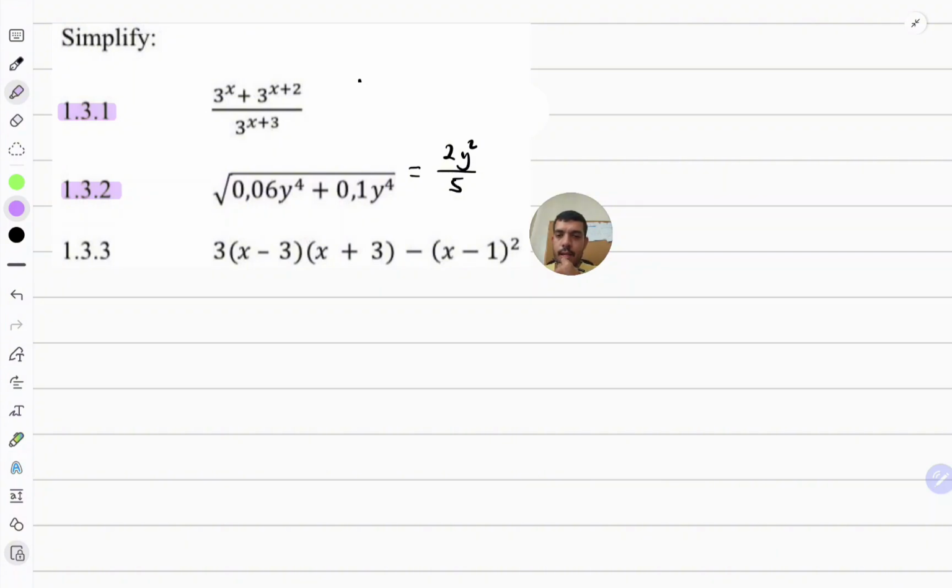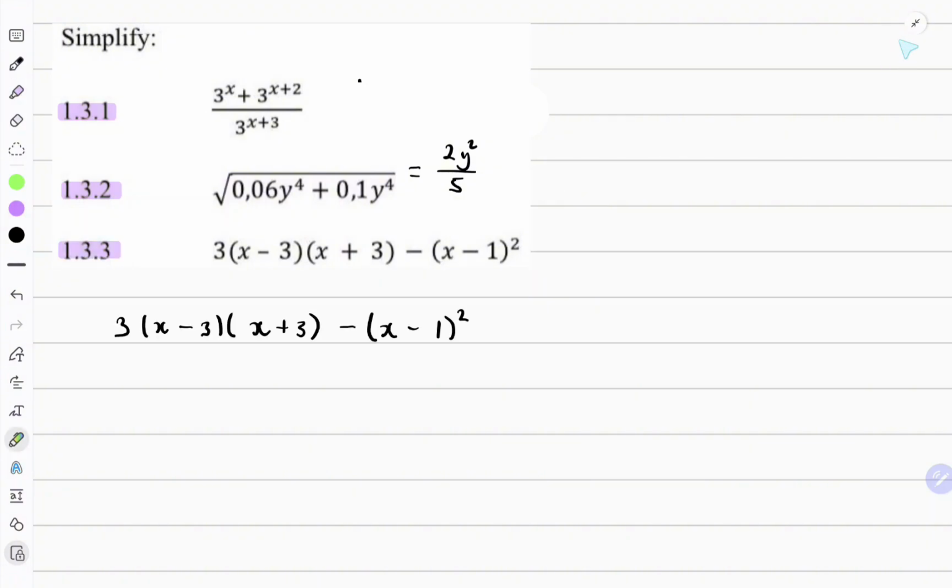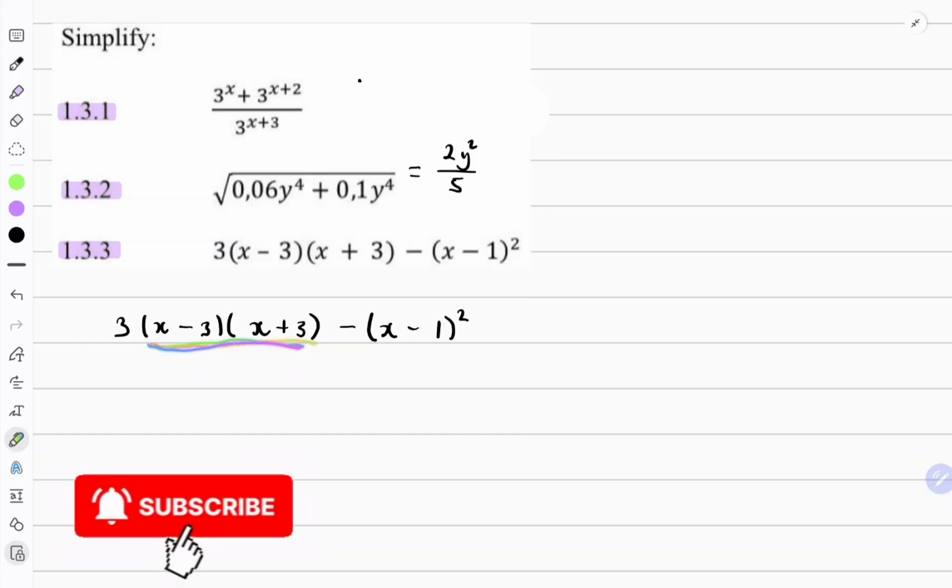Now let's have a look at the last question. And some of you might be discouraged because you see a lot of expressions there, but this question is quite straightforward. Let's do it. So already these terms here, you can simplify using FOIL.